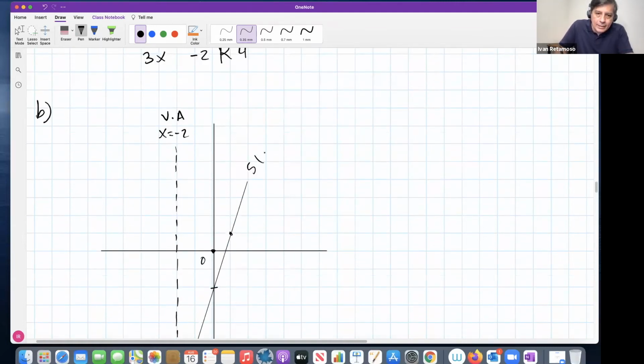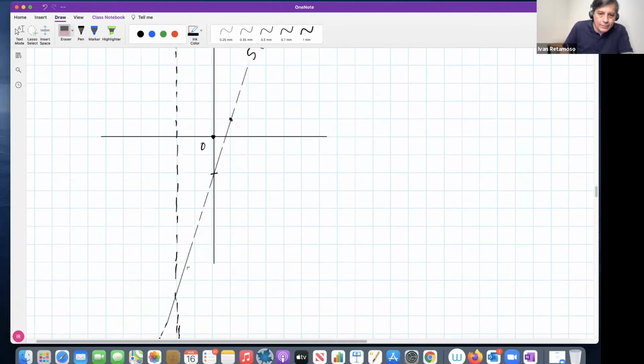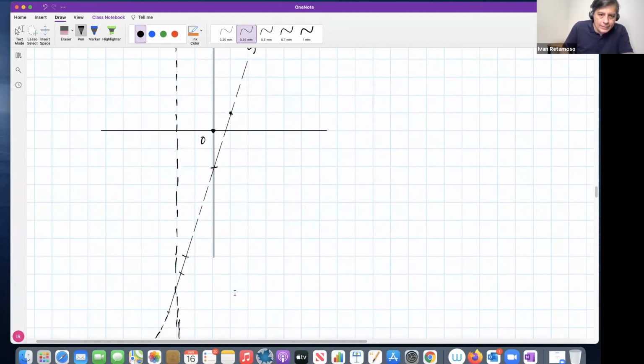This is the slant asymptote. Now let's just make this continuous line here for you to not get confused. This is not part of the graph, it's just the asymptote, right? Now use test points. If you evaluate 0 at the original rational function, what do you get?